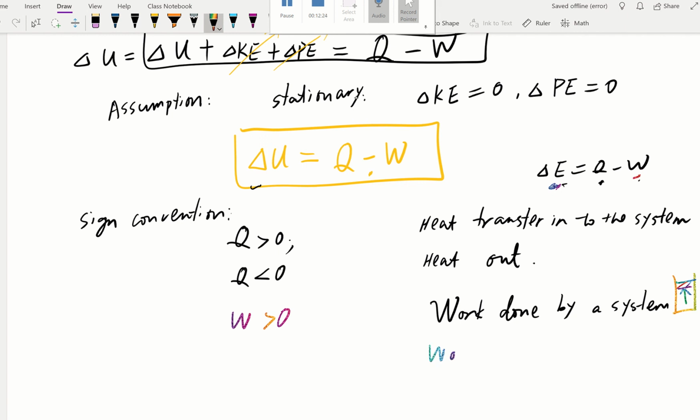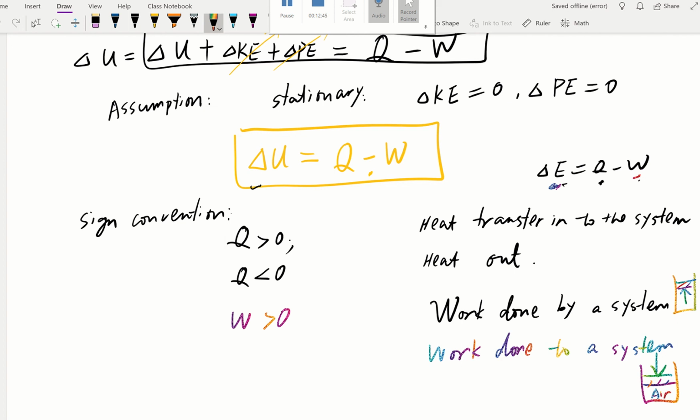Then we're going to look at the opposite. If it's work done to a system, or done on a system, that would be the example when the piston is being pushed down. So the air inside the system here is being compressed.